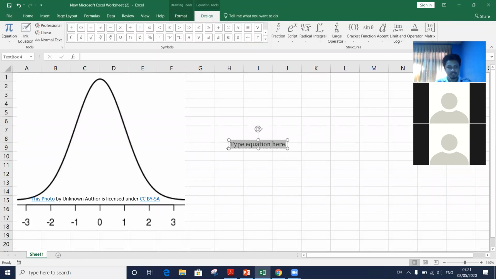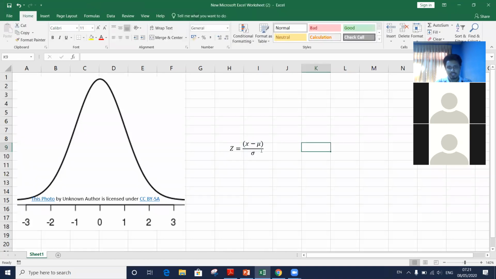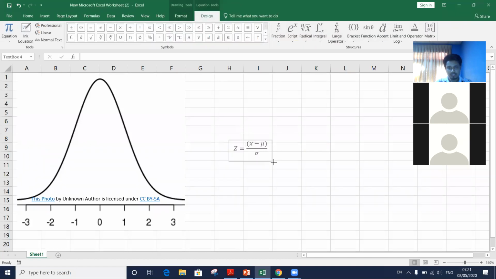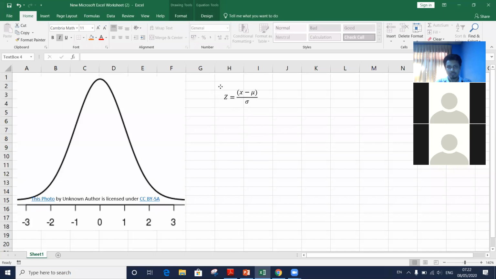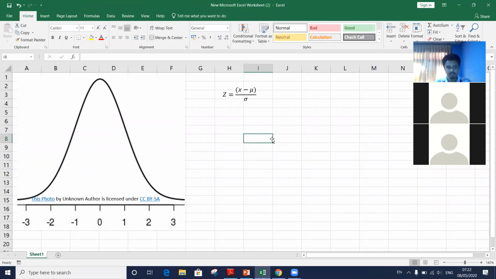Z equals x minus mu divided by standard deviation, right? This is the formula you need to keep in mind. This is the formula where we are going to apply, right?